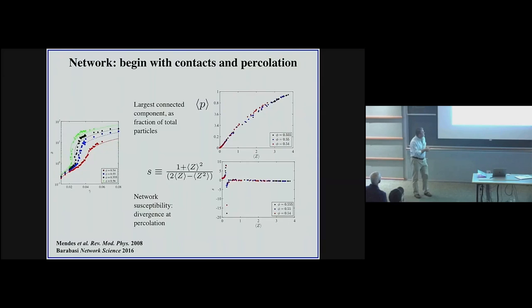And this quantity, it's shown in terms of the mathematics here, but the key point is that it diverges at percolation, right? And so what we see here is you can see the divergence is at this point at very low values of Z, about 0.3, meaning many of the particles are not participating at all in the contact network.